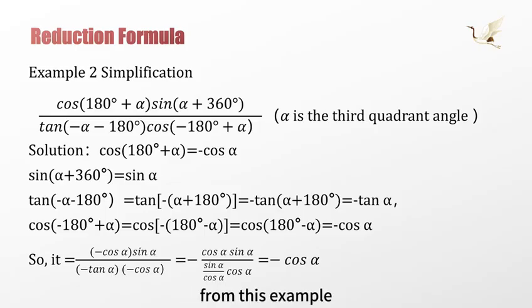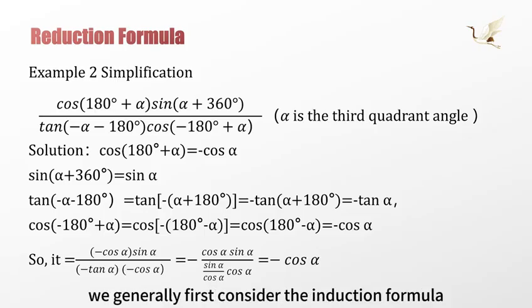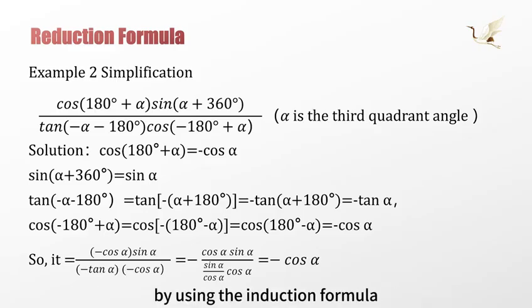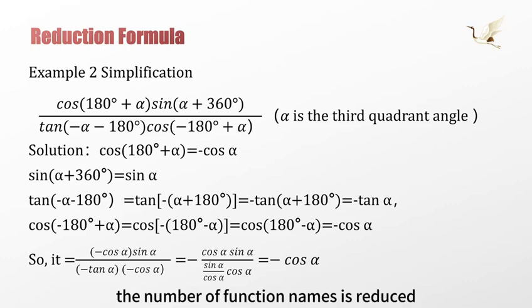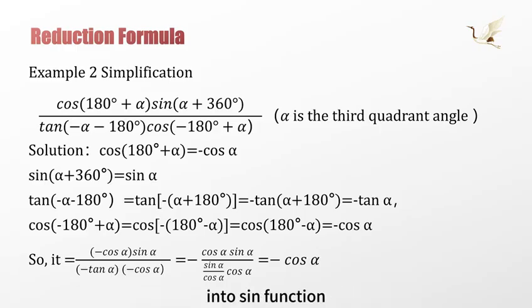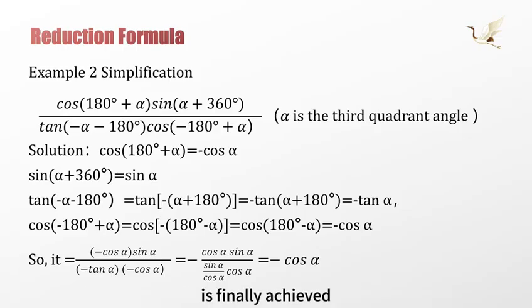From this example, we can conclude that when simplifying and evaluating trigonometric functions, we generally first consider the induction formula. The trigonometric function is simplified and deformed by using the induction formula to achieve the unity of angles. The number of function names is reduced as much as possible according to the transformation of tangent function into sine function and cosine function. In this way, the purpose of trigonometric function simplification is finally achieved.